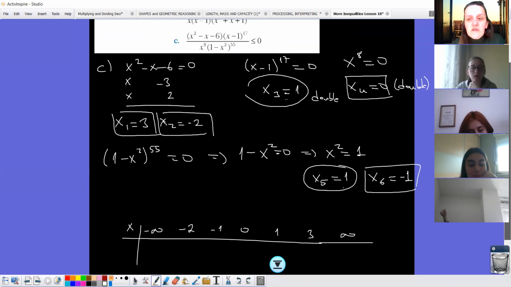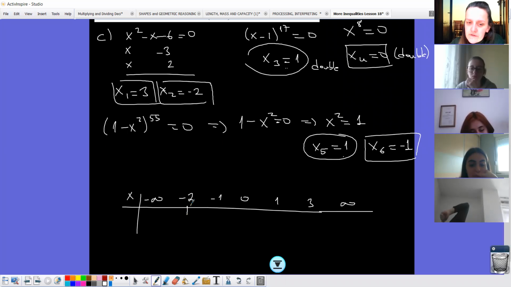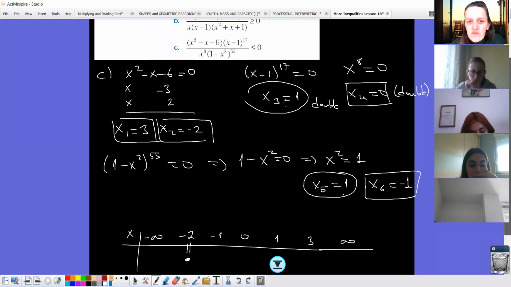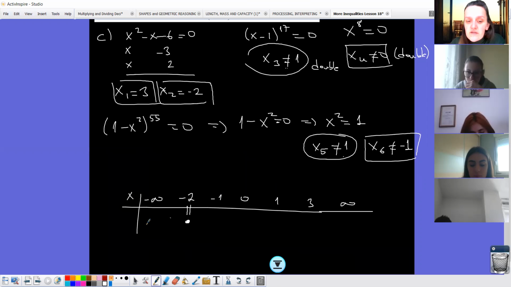It is less than or equal to, so the dots will be filled. And by the way, here we have the denominator also. So for the 0, it won't be filled. And for these ones, it cannot be, because that would make the denominator 0. So at the same time, also for this one, it cannot be. Did you understand what I am talking about? And why I'm drawing this one as a double root?